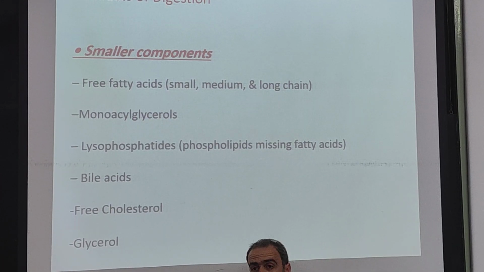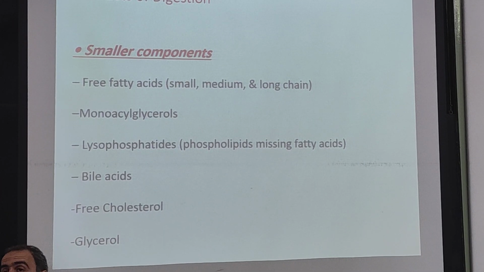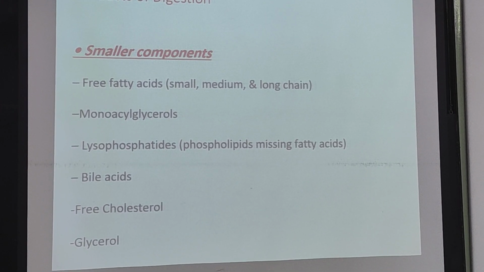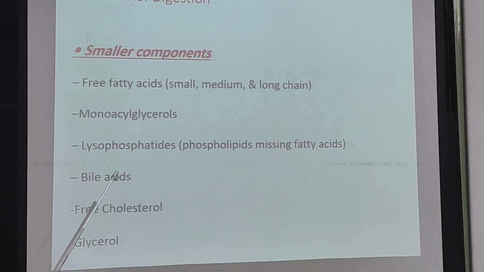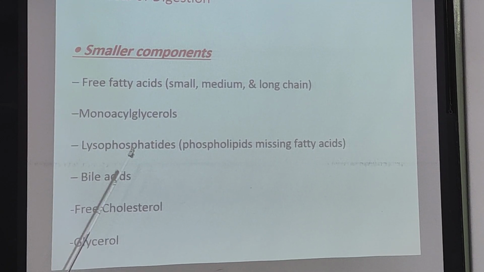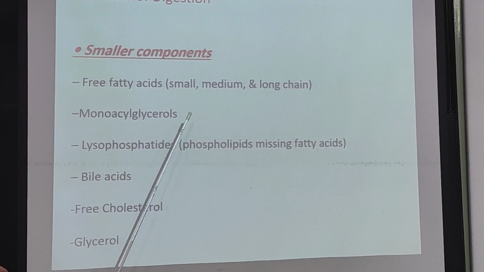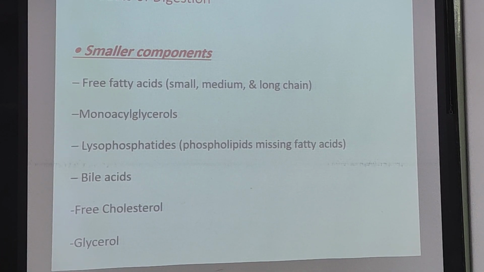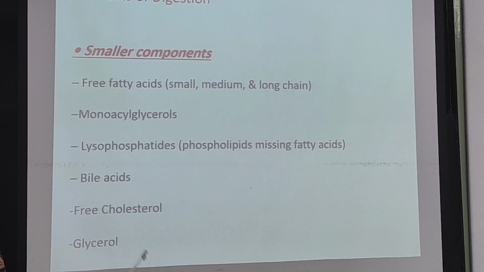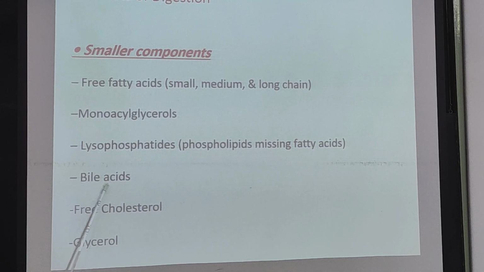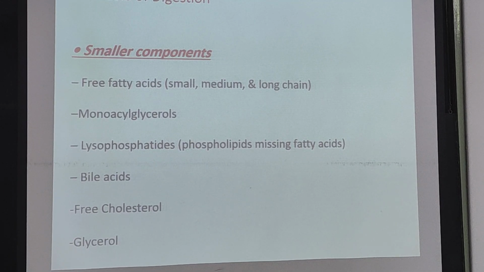So the product of digestion. Finally, in our intestine, the dietary lipids are digested to smaller components. Right now we have 3 fatty acids, whose chain can be short, medium, or long. And also we have 2-monoacyl glycerol, lysophospholipid, bile acid, free cholesterol, and glycerol.